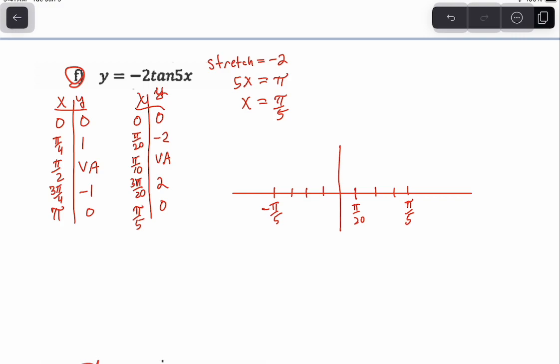Now, always just like a secant and a cosecant, the first thing we want to put on our graph paper is our vertical asymptote. I'm going to count by 2s, guys. We have a vertical asymptote at 2/10 or 2/20, I'm sorry, which is right here.